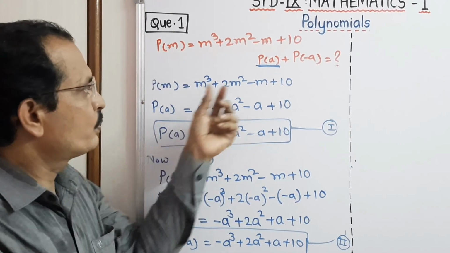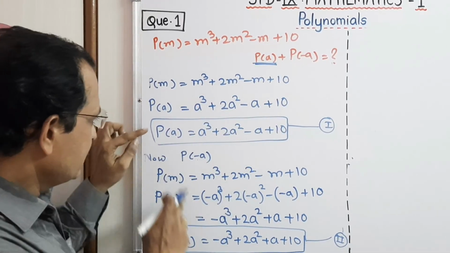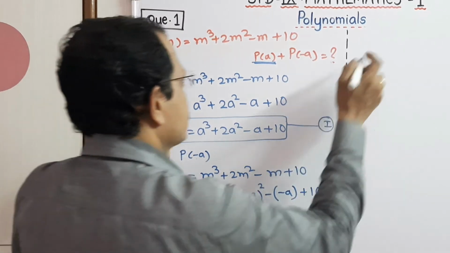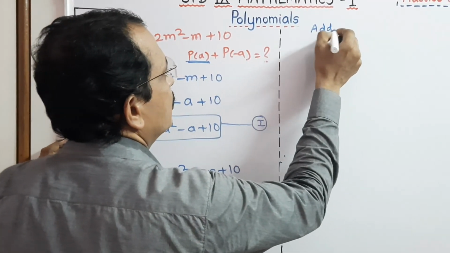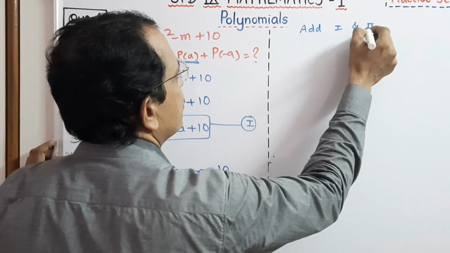Now we have to find P(a) plus P(minus a). Therefore, we have to make the addition. Therefore, add first and second.